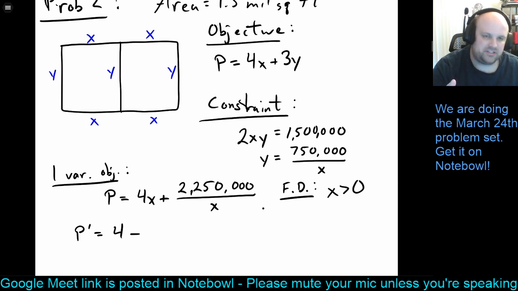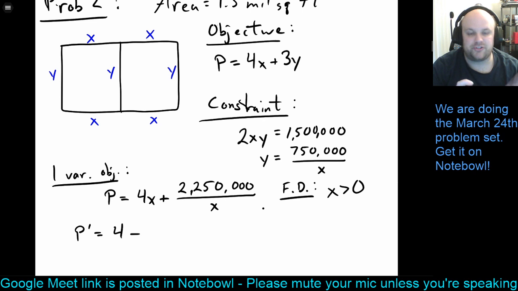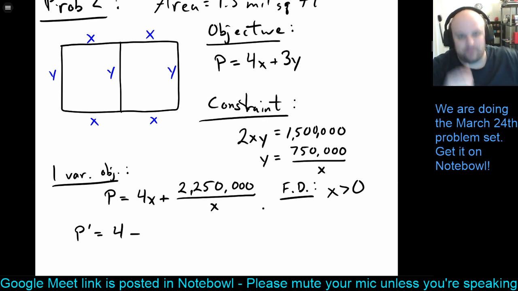But when you get to the problems that actually do give you an interval, a smallest value and a biggest value to work with, if you don't use that feasible domain, you could pick up extra critical values that are either impossible, like negative lengths, or are way too large for the problem.